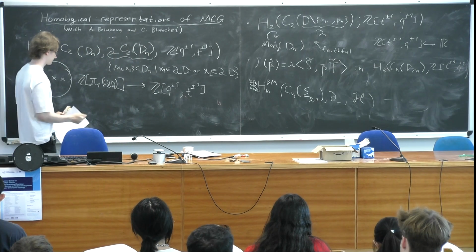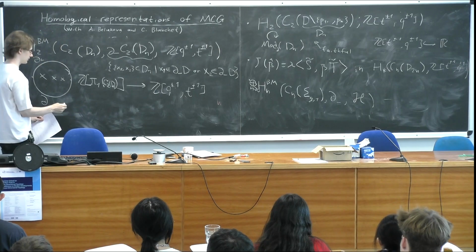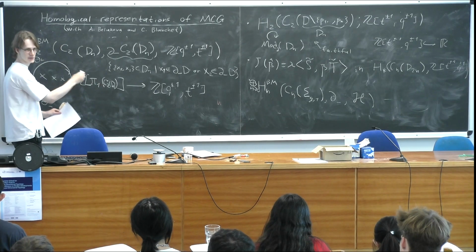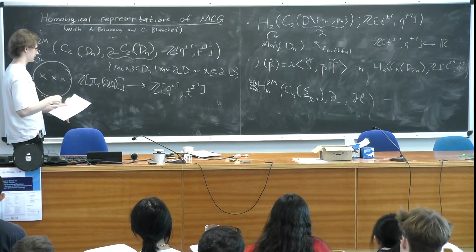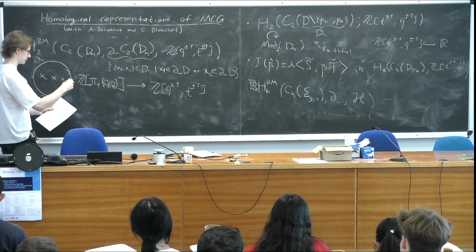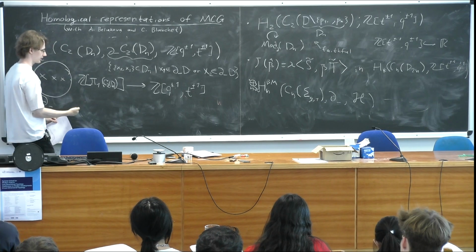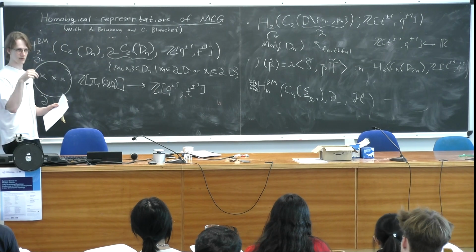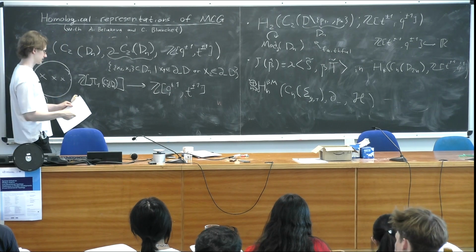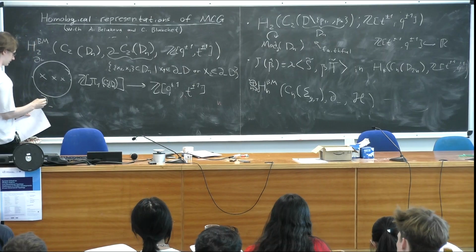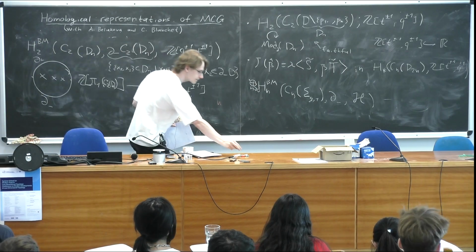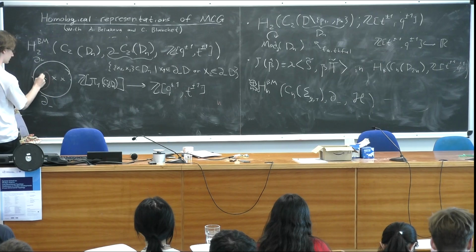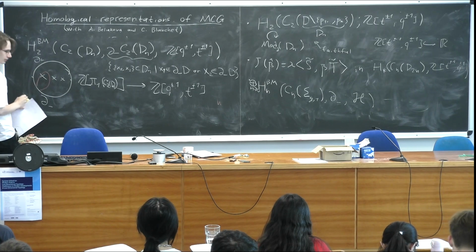You can think about loops in this configuration space as braids, and then, following these two points, you can define two integer parameters of a braid. One of them is the winding number of this braid around each of the punctured points.